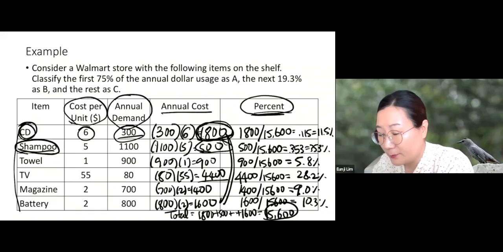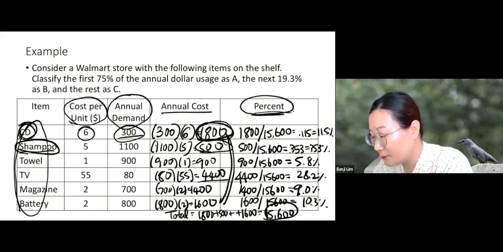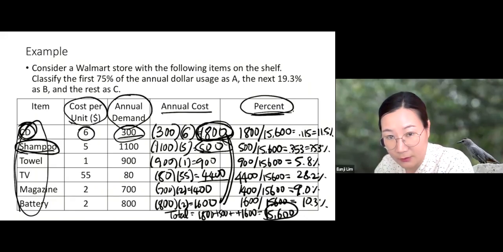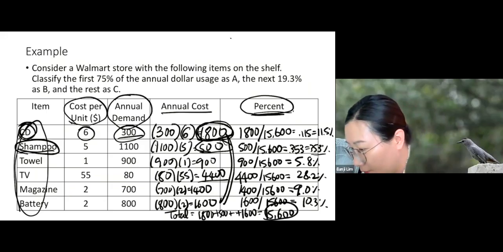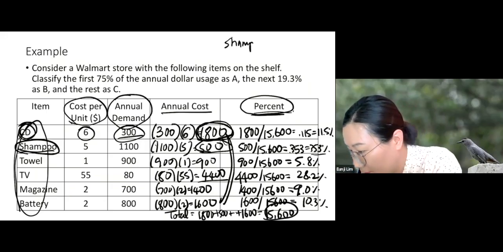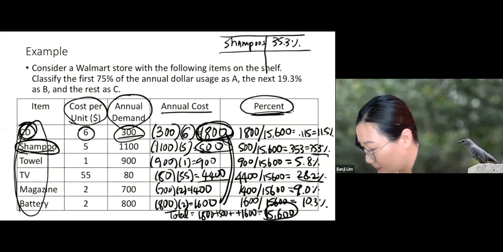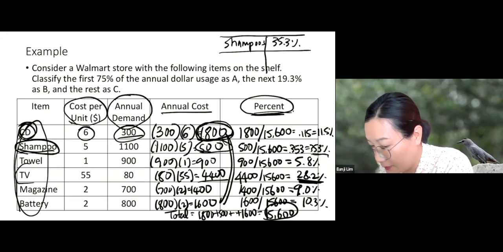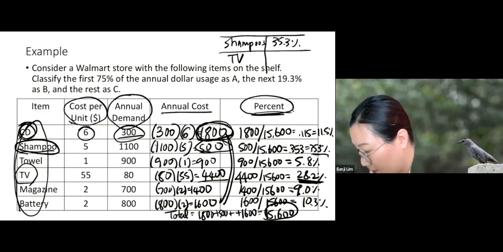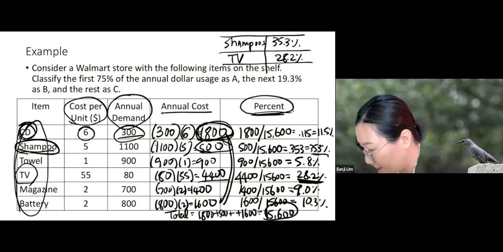Now, using these percentages, we need to identify A, B, C items. To do this, we're going to put these items from the largest percentage to the smallest percentage. Which one has the largest percentage? The shampoos, right? Shampoos, 35.3%. And which one has the next highest percentage? This one, 28.2, which is the TV sets. TV, 28.2%. Which one has the next highest percentage?